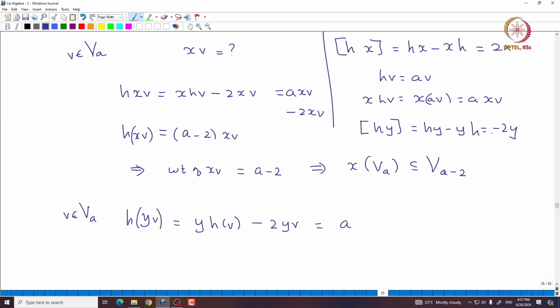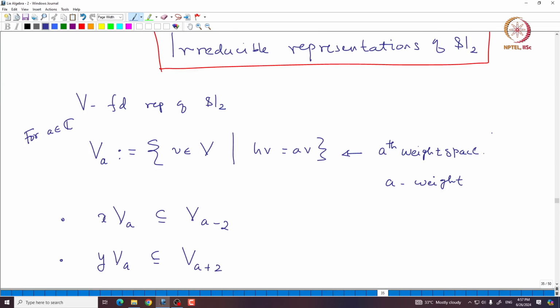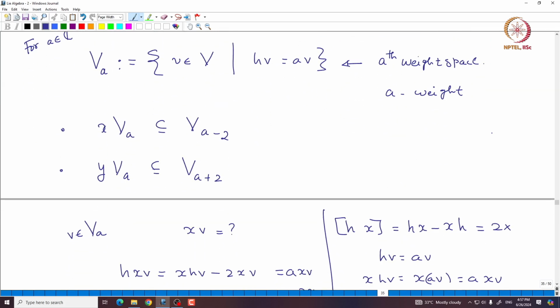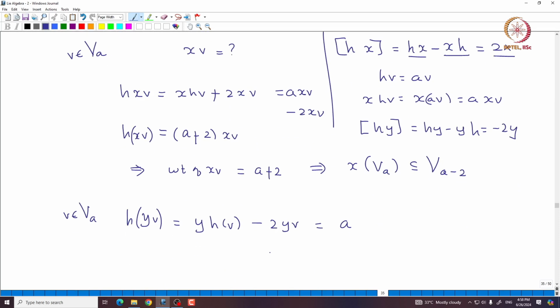Sorry, it should be the other way. When you apply x, it should increase, and when you apply y, it should decrease. Because Hx is xH plus 2x, this is going to be plus 2. And when you apply y, this is going to be minus, because Hy is yH minus 2y.